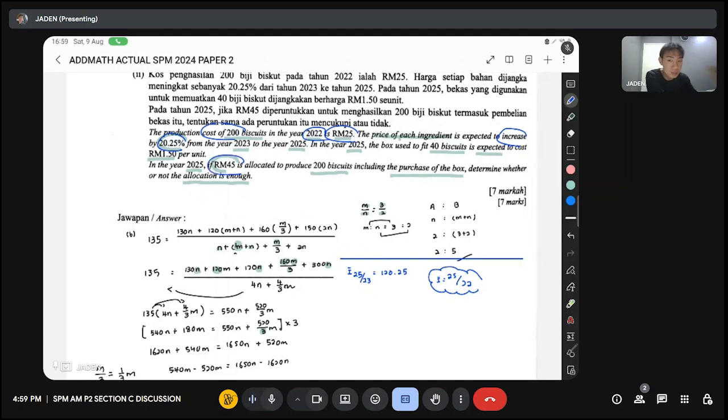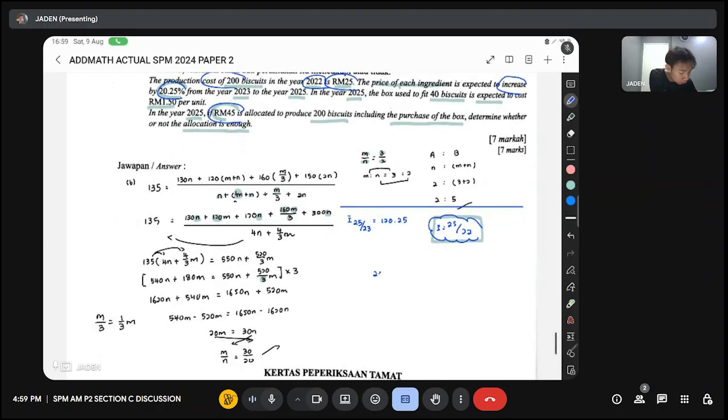And before I can even find the cost in 2025, I must have the composite index of 25 per 22 first. So I would always encourage my students to do this. We have 2022, 2023, and 2025. Always draw a smiling face here. And we just got our 25 per 23, which is 120.25 here. Put it down. Do we have composite index of 23 based on 22?